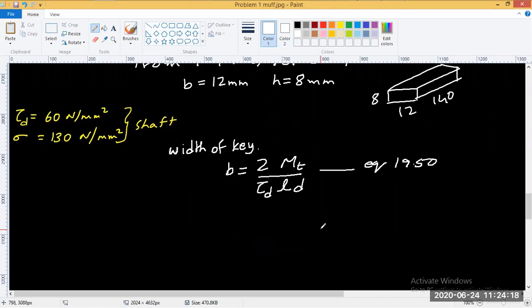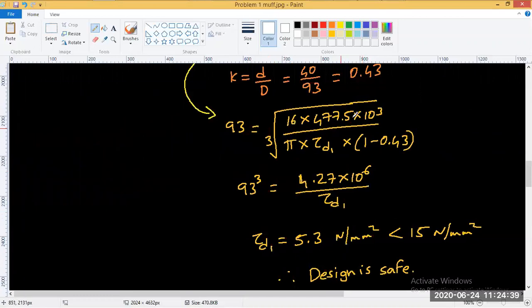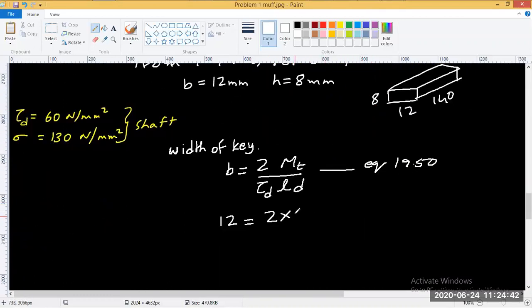Now 12 is already fixed. We just need to check whether it will carry this much load or not. Keeping tau d as unknown, substitute all other values. So B is 12 equals 2 into 477.5 into 10 power 3, divided by tau d into L into T. L is 140, the same as the length of sleeve, and T is 40 mm, the diameter of shaft.